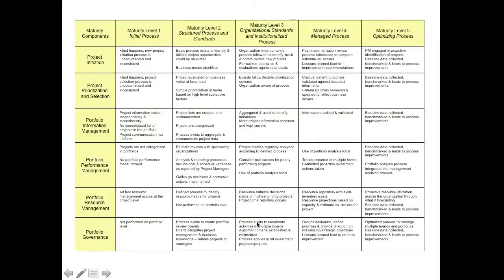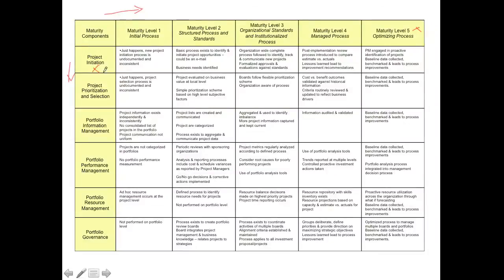We're going to take a look at one more. I'm not going to go through all of these. Of course, it's going to take a while, but in this case, you can look at these and see a little bit more information. So up here, we have the various maturity levels, right? 1 to 3 through 5. And at this axis, we have the various components of a project, right?